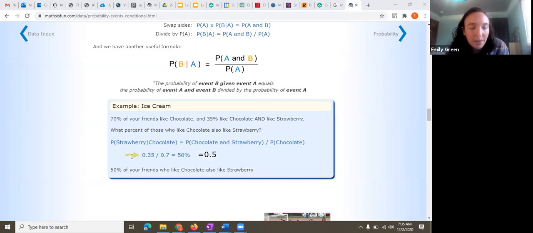So that means that my probability of liking strawberry, given that you like chocolate, is 50% or 0.5. So remember that every time we read this, it goes in one direction. This is the probability that somebody who we know likes chocolate also likes strawberry. It doesn't go the other way around. So order is important.